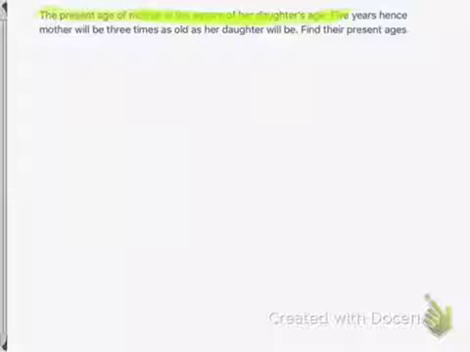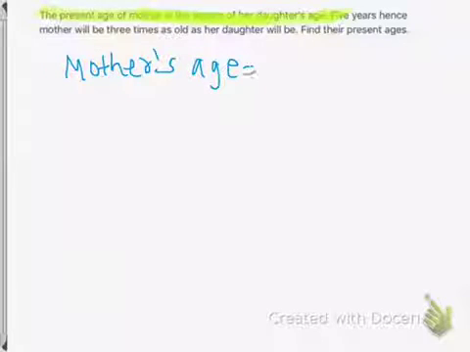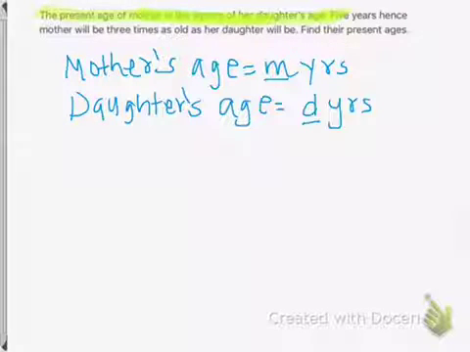It says the present age of mother is square of her daughter's age. Say mother's age is m years and daughter's age is d years.